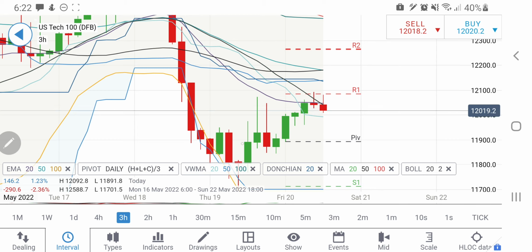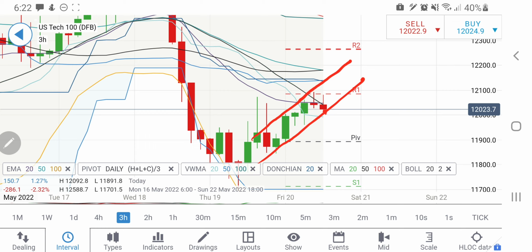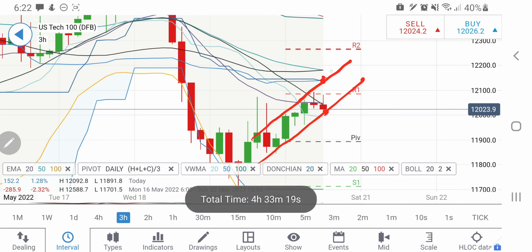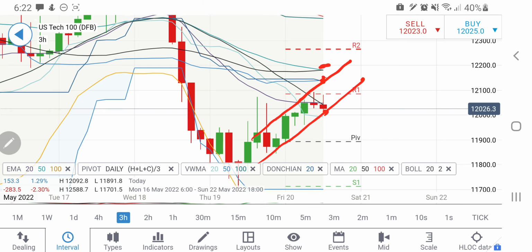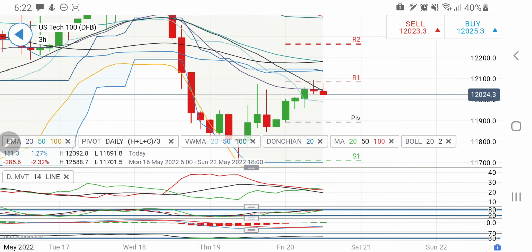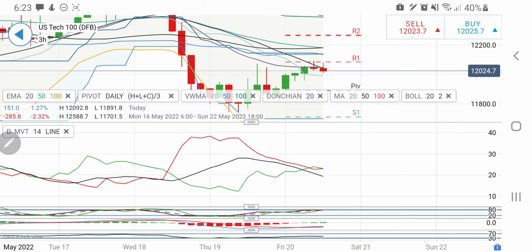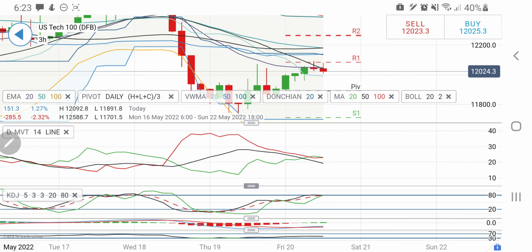Now look at this, it is still trying to trade in this channel. It is higher highs, higher lows, and hence 11,900, 12,000 levels should also be a very strong support for any downside move on US100. At the same time, 12,150 levels should be a stronger resistance. Beyond that, it will fly till towards 12,200 and plus levels on the upside. Also look at this, the directional movement is crossing over for a sell-off.